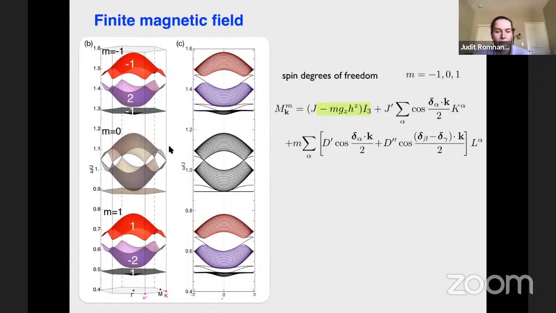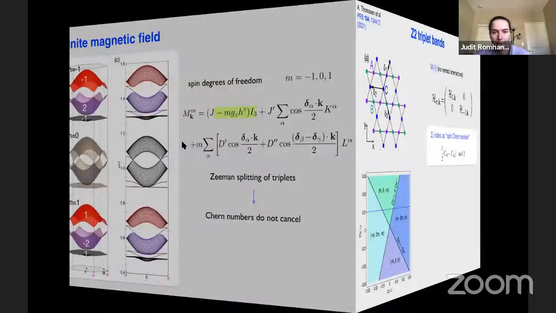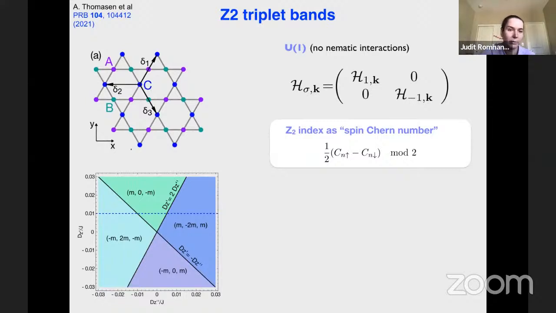So this is what would happen if you have a large enough magnetic field that can fully split these triplet excitations. And then the Chern numbers may not cancel, and we have these Chern full bands, and most probably something like a thermal Hall conductivity as an indication for this non-trivial band topology.